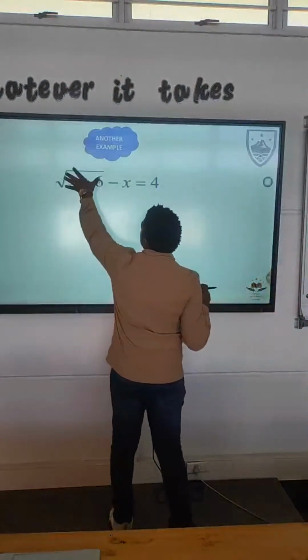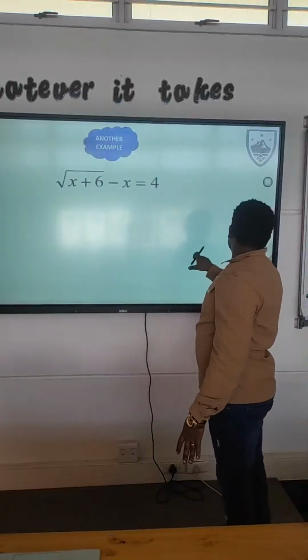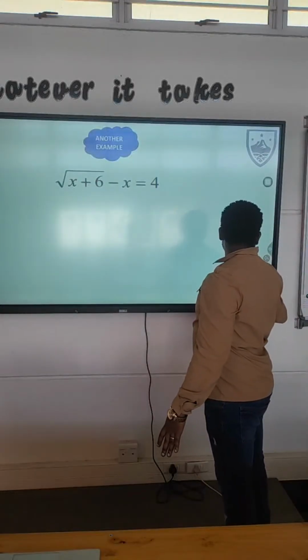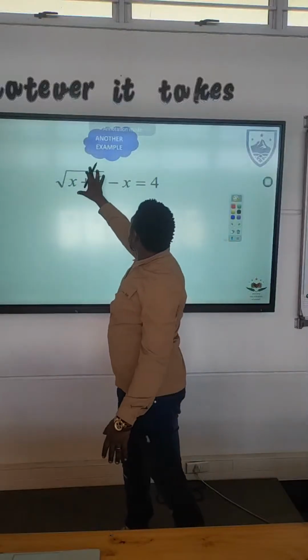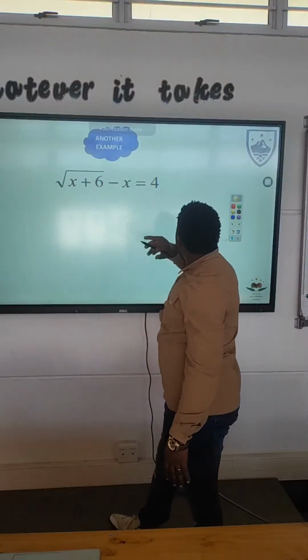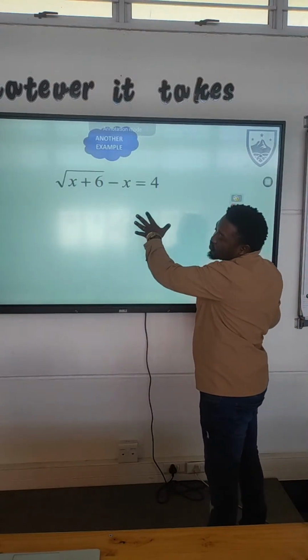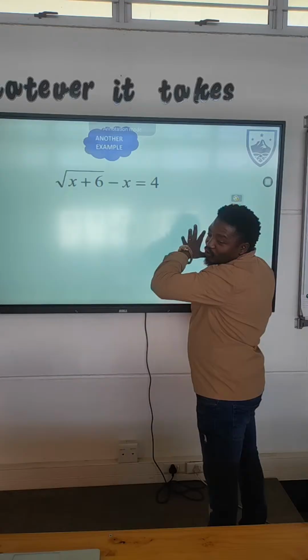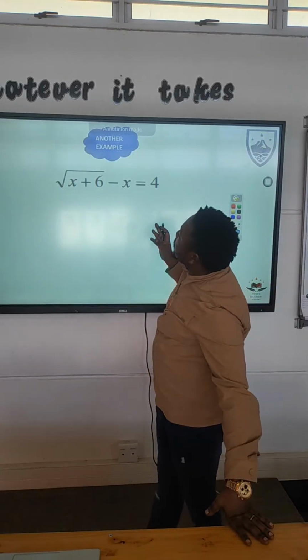You see it with a square root. Every time you see a square root, then you know you are having a surd. Yeah? So once you see it, you want this to be by itself. Remember, we always want to have 0 on the right hand side. But when it comes to the surd, we need to make sure that the surd is by itself. It doesn't matter what is on the right hand side.